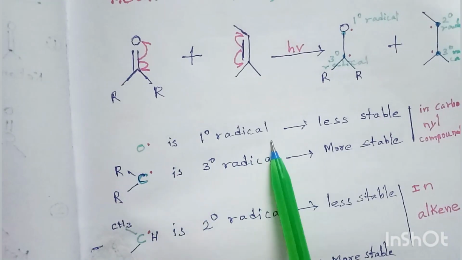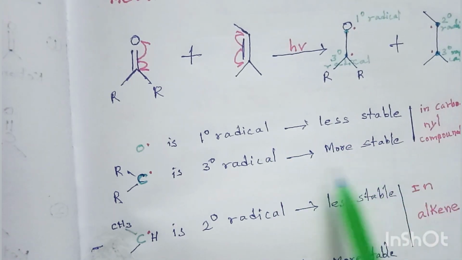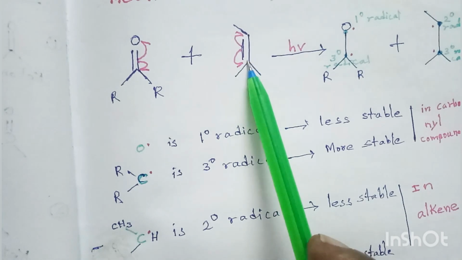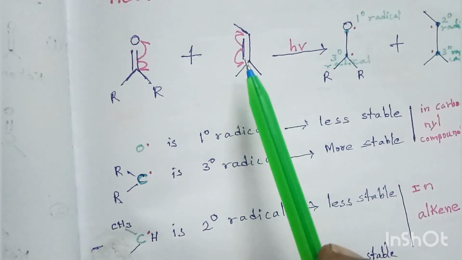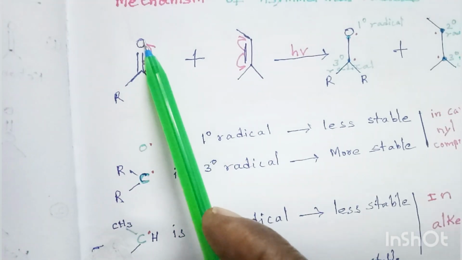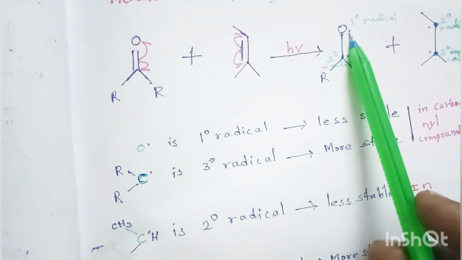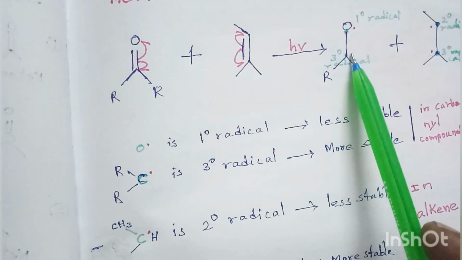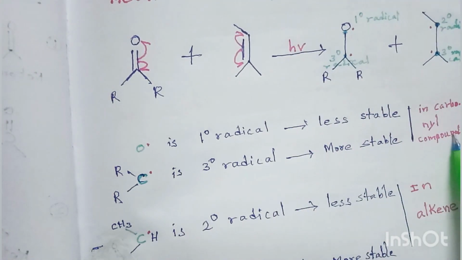Oxygen is a primary radical, so less stable in the carbonyl compound. This carbon is a third degree radical, so more stable in this carbonyl compound. So this oxygen is less stable because it is a primary radical. This carbon is a tertiary radical, so it is more stable.